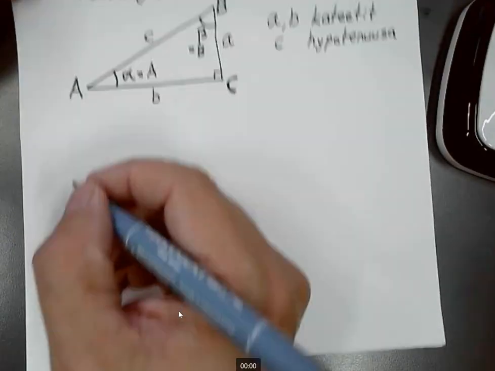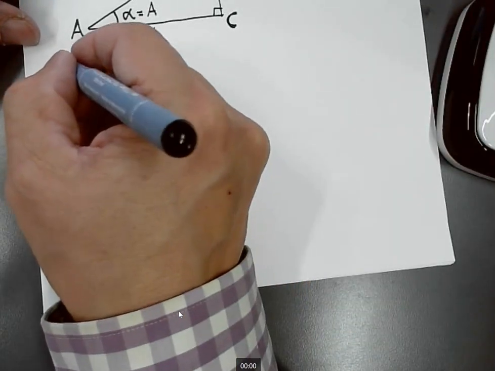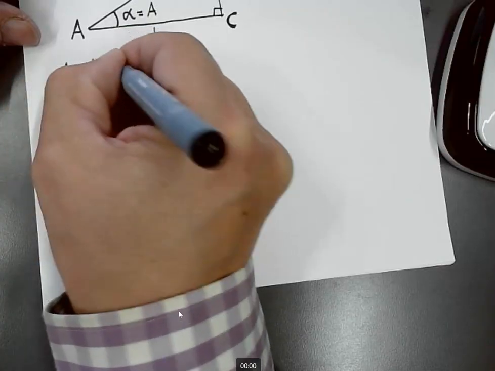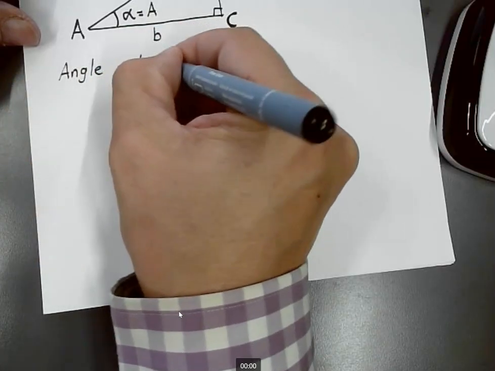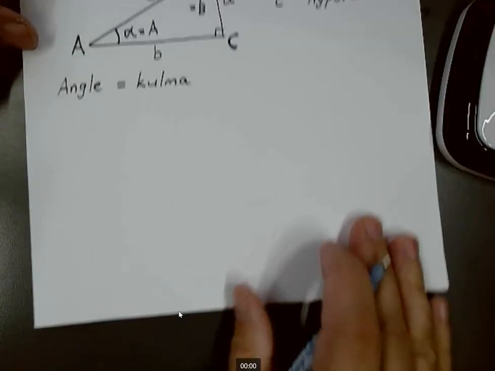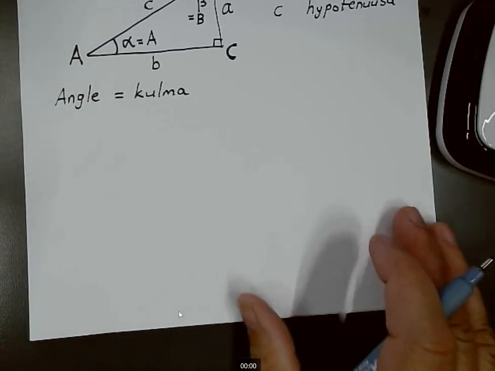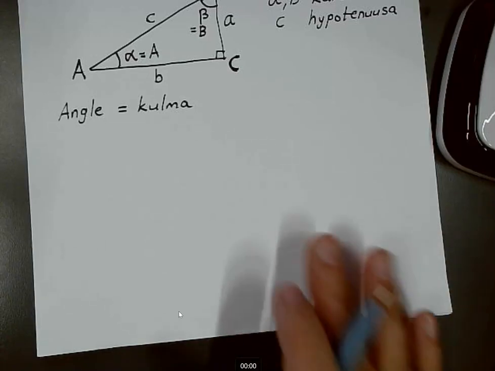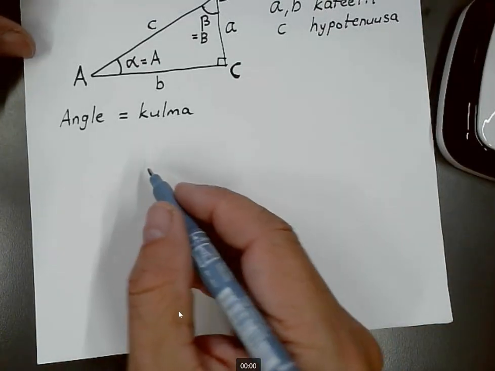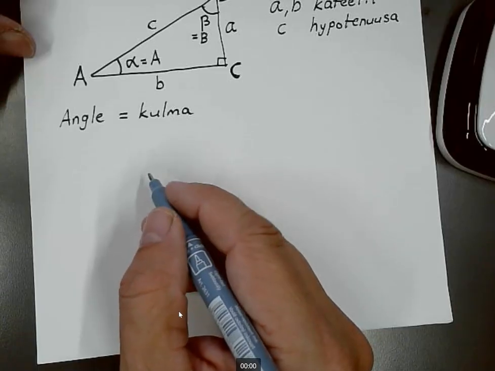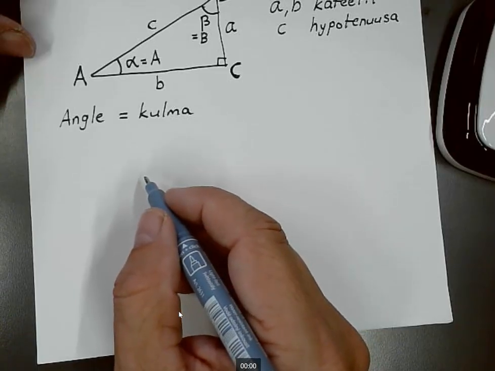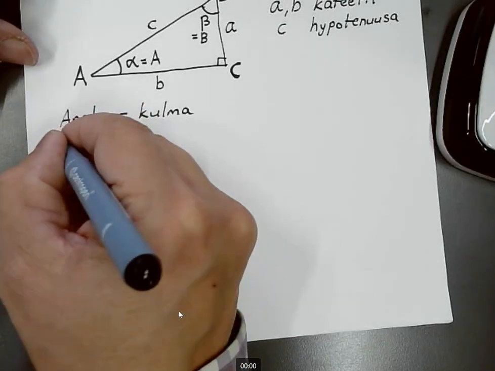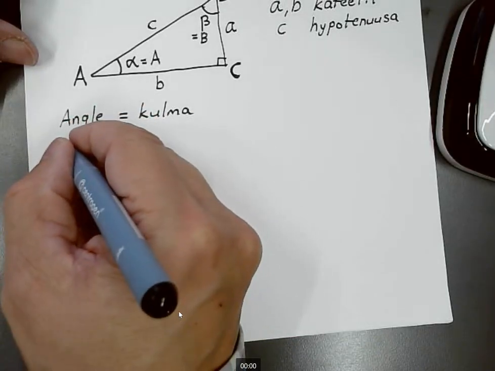Some words in Finnish. Angle is kulma. And degree. Let's say, take an example.